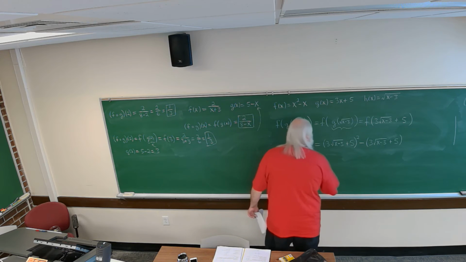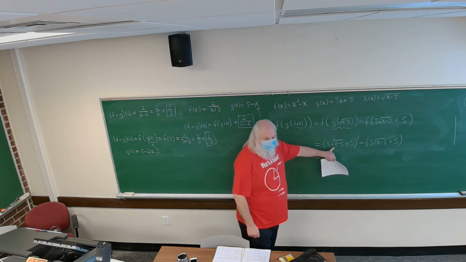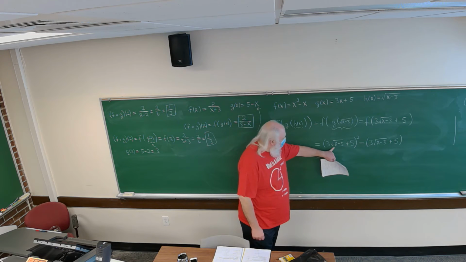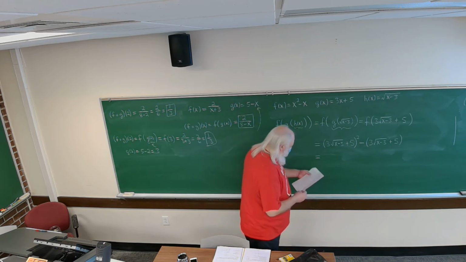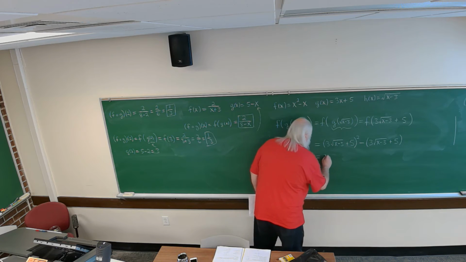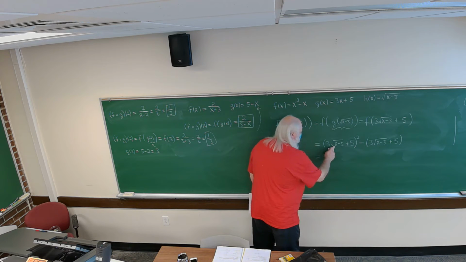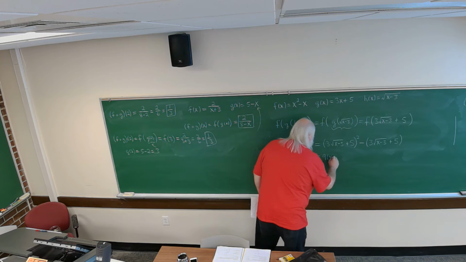When we do that, we square the first term, 3 times the square root of x minus 3 times itself. 3 squared is 9, and the square root of x minus 3 squared is just x minus 3.